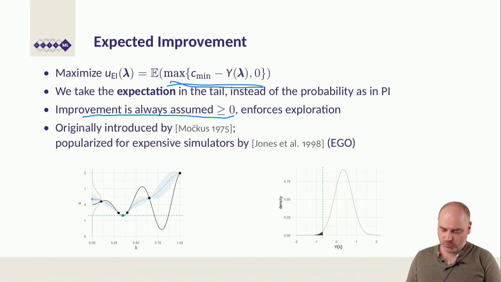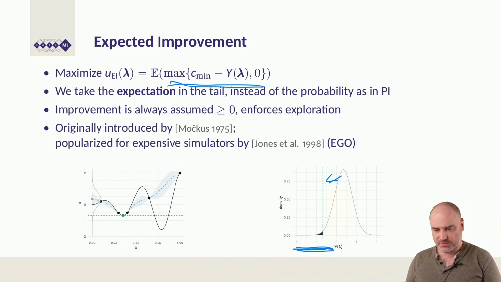So what we now do is we again look at this tail here. We look at Cmin, and then we look at this tail of the distribution, but we now do not compute the probability in this tail, we compute the expectation. And this is, I hope you agree with me, pretty simple, because this is a 1D Gaussian.